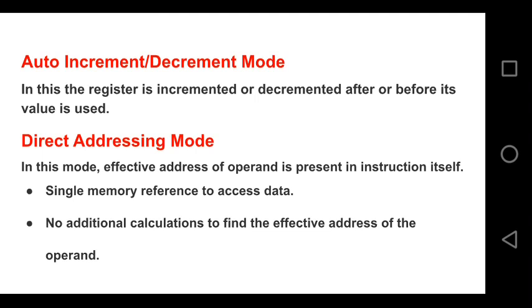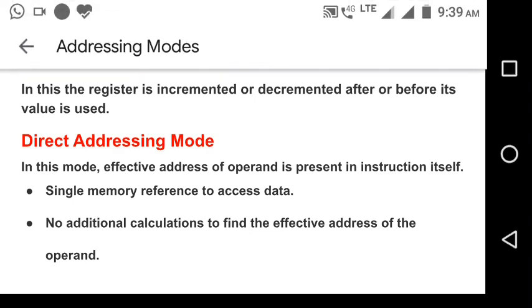So it's a very simple addressing mode where, if you mention this addressing mode, the register value is incremented or decremented before or after the value is used. This can be used for loops, I hope you understand.